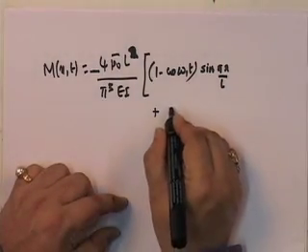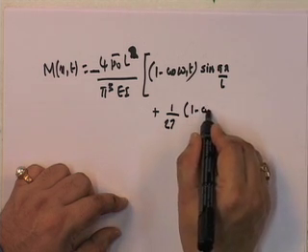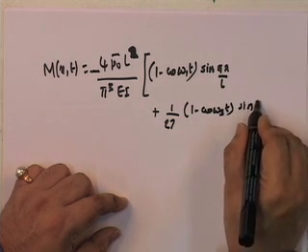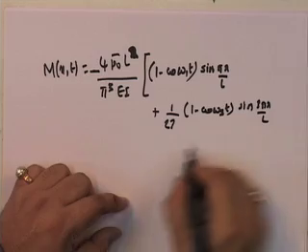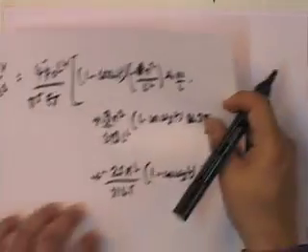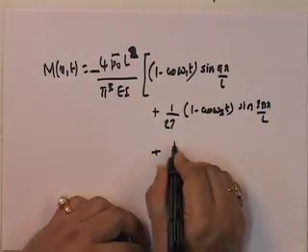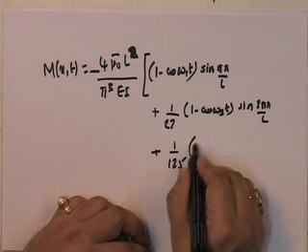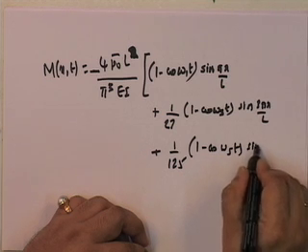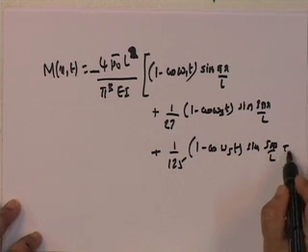So, this becomes 1 upon 27, 1 minus cosine omega 3 sine 3 pi x upon L. And now, 25 becomes 125. So, this becomes 1 upon 125, 1 minus cosine omega 5 sine 5 pi x upon L plus and so on.